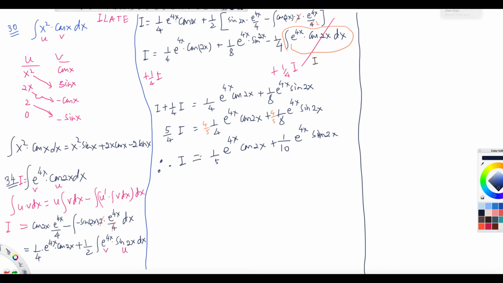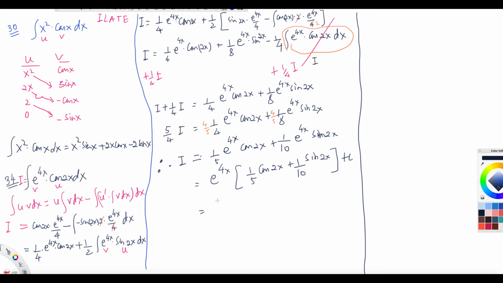Okay, if you want to further simplify this, what do you get? Let me make the same denominator and then take e to the 4x out. So you can write e to the 4x and then you can write 1/5 cosine 2x plus 1 over 10 sine 2x, right? Plus c is there. I forgot to write that one. So what do you think if I make the same denominator?